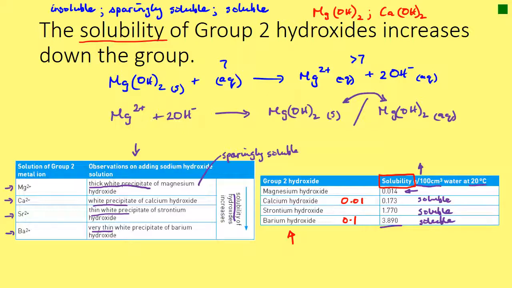So if you added any more than 3.89 grams of barium hydroxide into 100 cm cubed of water, then it wouldn't dissolve. So this is the maximum amount of barium hydroxide in grams per 100 cm cubed of water that would dissolve. And so that's how we measure solubilities quantitatively.